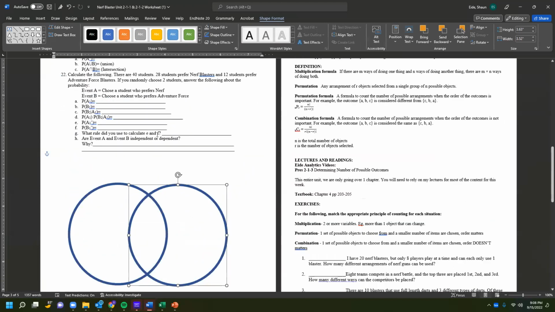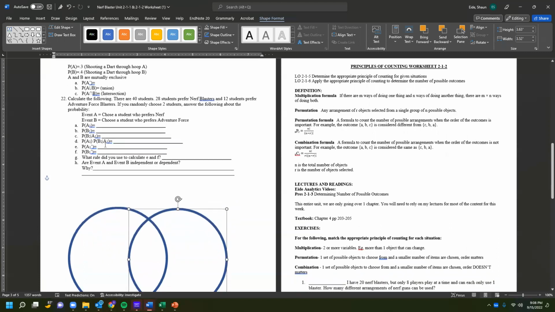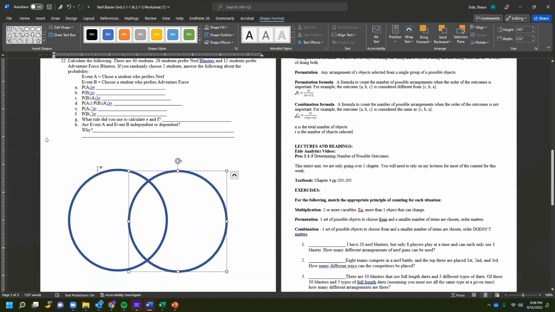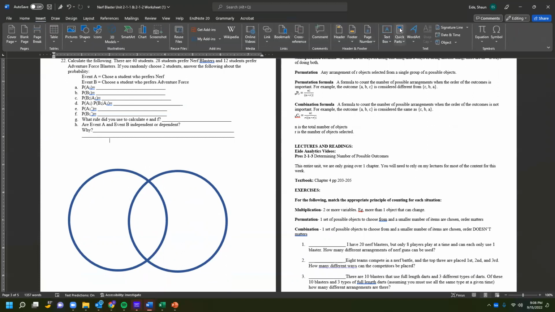Okay, and so I've got two hula hoops that I am holding up, and a dart that I shoot with a Nerf gun can go through either one.